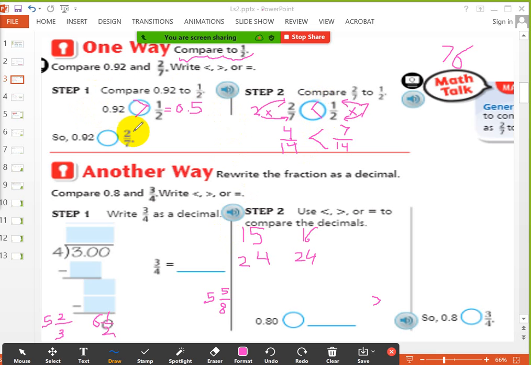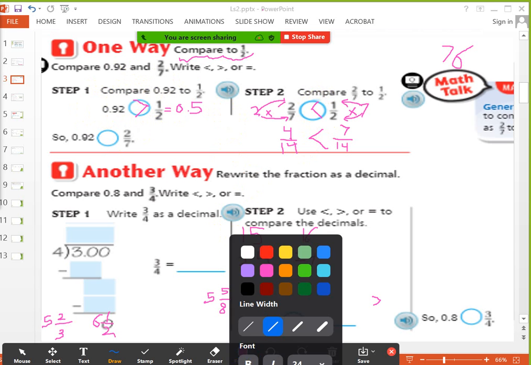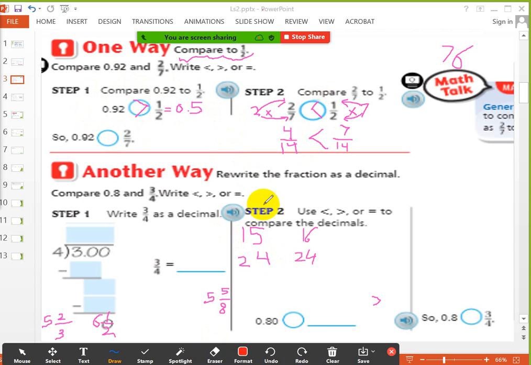Now the comparison will be between what and what? Between this number and this number, right? Between 0.92 and 2 over 7. Okay, now this is the 1 over 2. Okay, I will erase this.